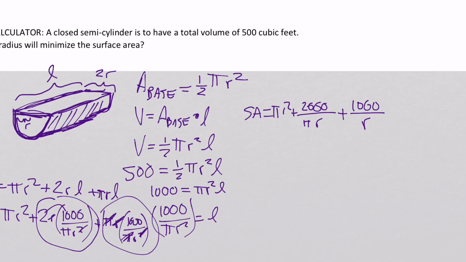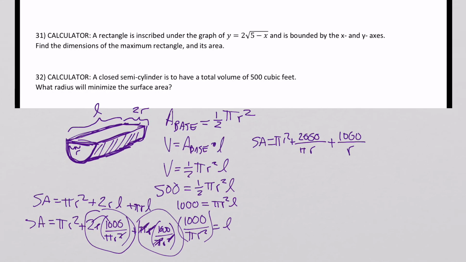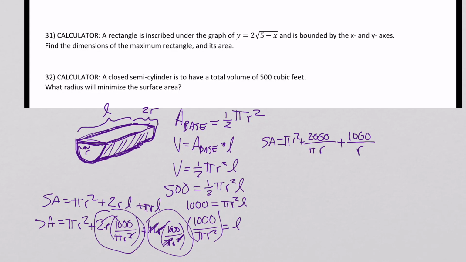Window, I'm going to go x min 0. I'm going to go x max. Honestly, I don't know what it should be, so I'm just going to try 10 for an x max, and I'm going to do a zoom fit. Zoom 0. I'm going to see what happens. I'll adjust it if I need to. And it looks okay. With that window, you get something that looks like that.